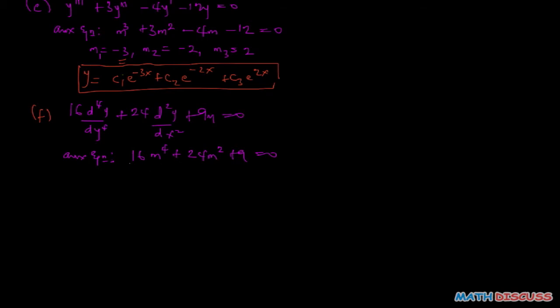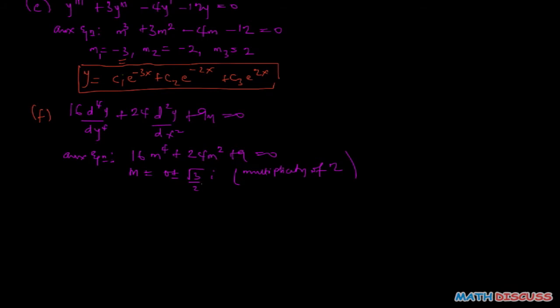When we solve that, we're going to have m equals 0 plus or minus root 3 all over 2i, where each of them has a multiplicity of 2. So we have basically 4 solutions.